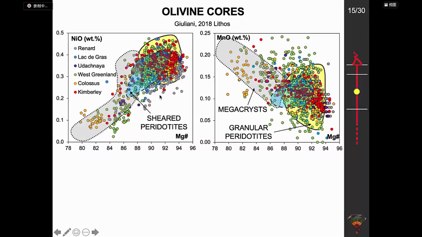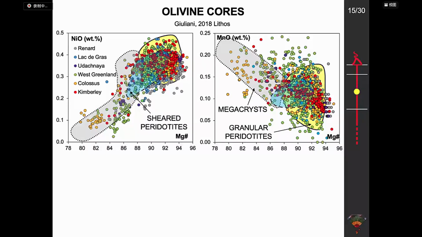The composition of these olivine cores, which are reported as circles, are compared to the composition of olivine in granular peridotites, the yellow field. These are your typical mantle xenoliths that you find in kimberlites or other rocks from cratonic environments.